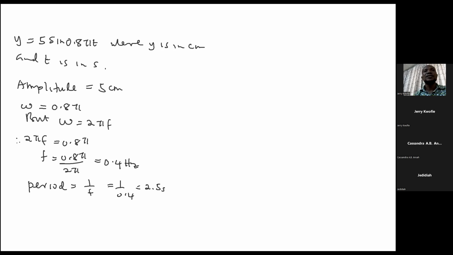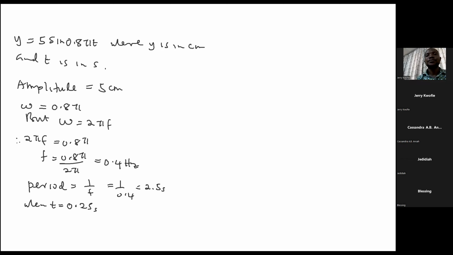I don't think that these were the only questions that were asked. There could be others. What are those questions? The displacement when t is 0.25 seconds. Okay, so when t is equal to 0.25 seconds, we should find the displacement. How do we get the displacement, Cassandra?